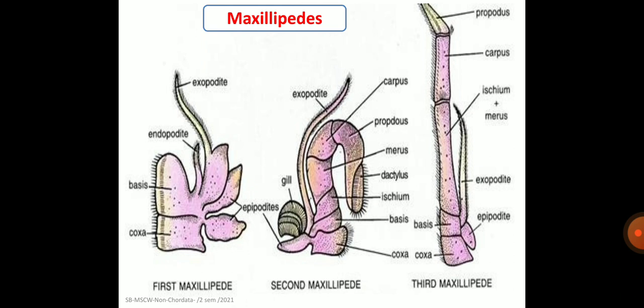The basis carries a long, slender and unjointed exopodite, which you can see in this slide, covered with setae along its distal half, and a 5-jointed endopodite. The segments are called podomeres of the endopodite, named from the base as ischium, merus, carpus, propodus and dactylus, of which the last two bend backwards and inwards and possess cutting margins.